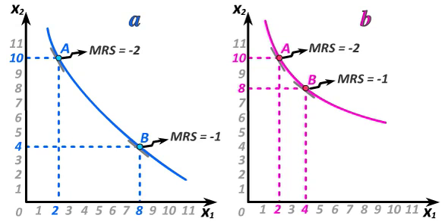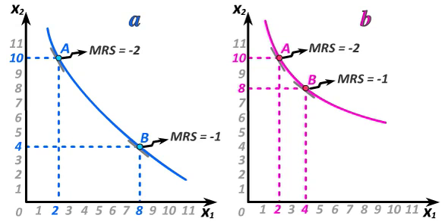Thus the percentage change in x2 over x1 is larger in the blue case than it is in the magenta case. Since the denominator is the same for both cases, we get an elasticity of substitution that is larger for the blue indifference curve than it is for the magenta indifference curve, indicating a higher degree of substitutability for the blue indifference curve.